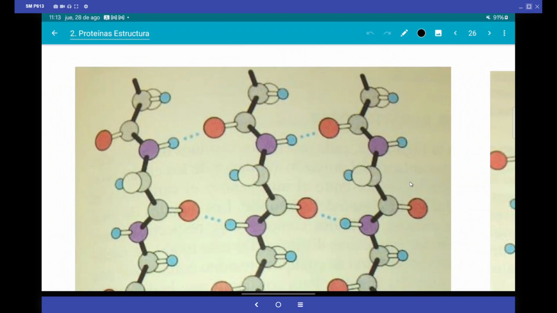So in this case, we have a parallel arrangement because we start with the same functional group, in this case the same carbon dioxide.